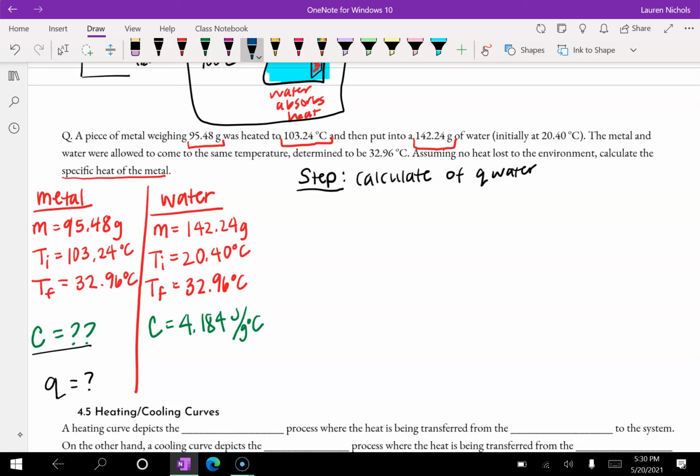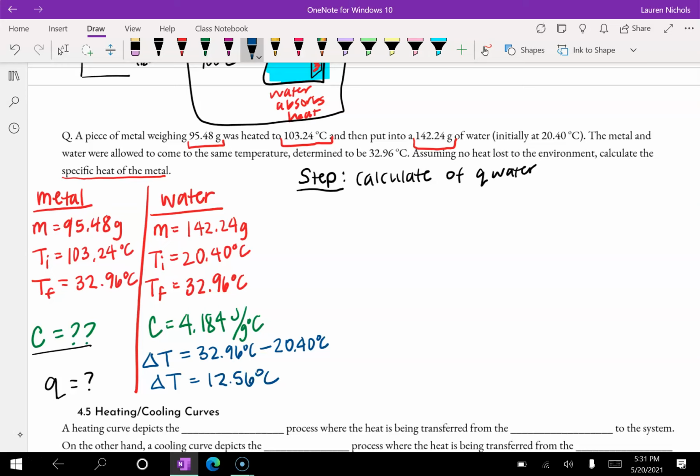We want to calculate our delta T for our water. So that would be 32.96 degrees Celsius minus 20.40 degrees Celsius. It's always, always, always the final minus the initial. When you do that, we see that the change in temperature for our water is a positive 12.56 degrees Celsius.